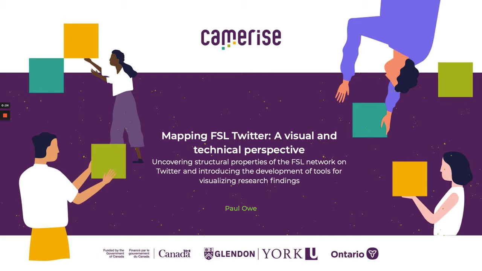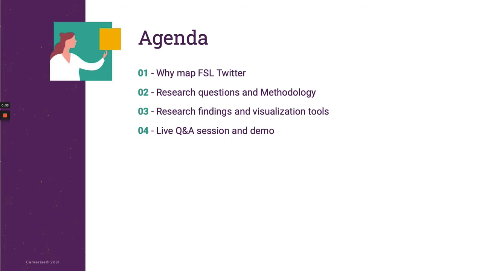I'm excited to share with you some of the work I have been doing in the area of graph data mining and network analysis. So here's the agenda for today. First, I will start with why map the FSL Twitter network at all. Next, I will briefly talk about the methodology and some of the associated research questions.